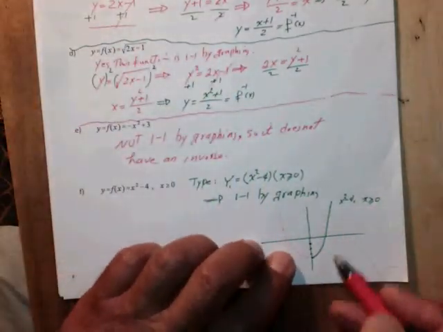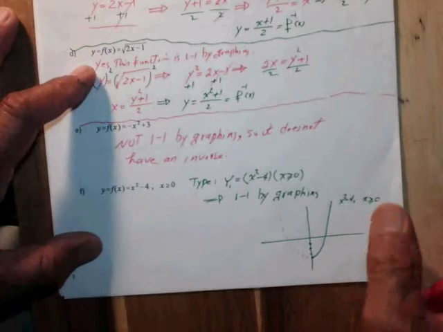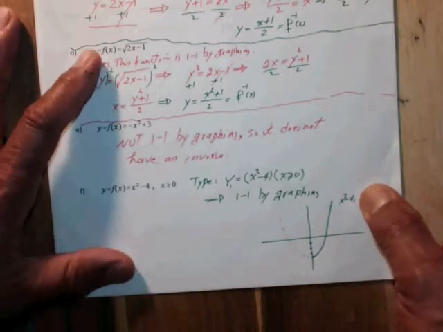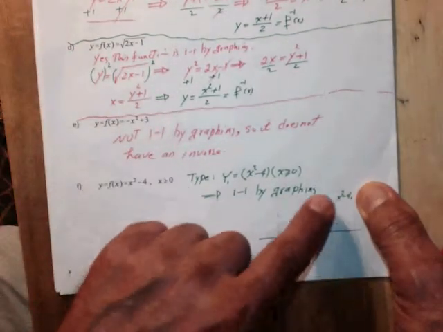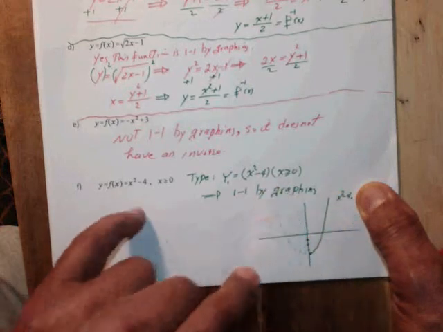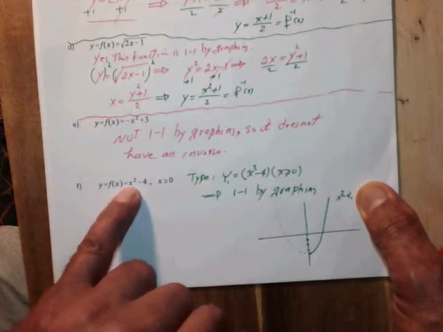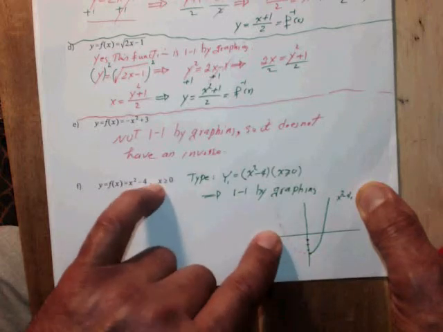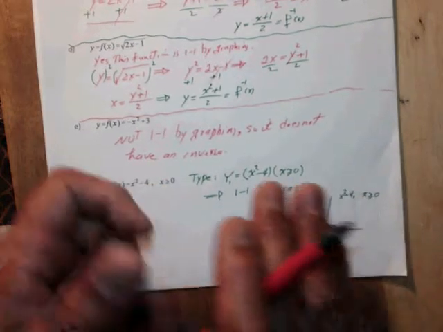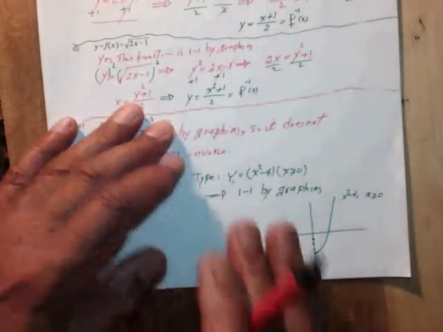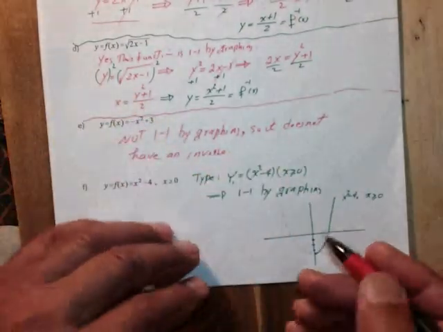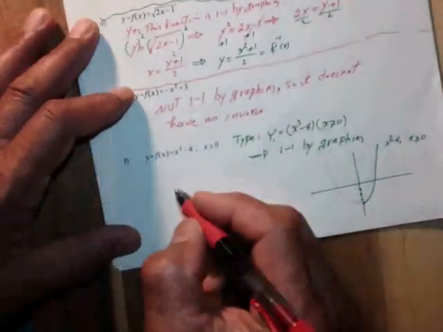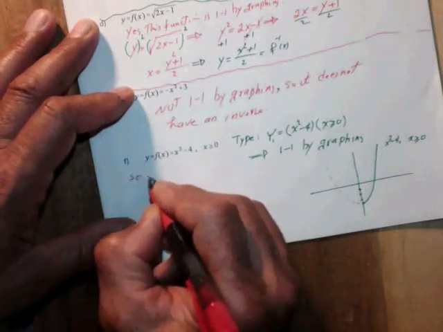I was saying that if I didn't have this condition x bigger than 0, then it would be a whole thing like that, because this is the parent function x squared moved down 4 units. But attaching this condition means I just want a piece that has x bigger than 0, which is one-to-one.